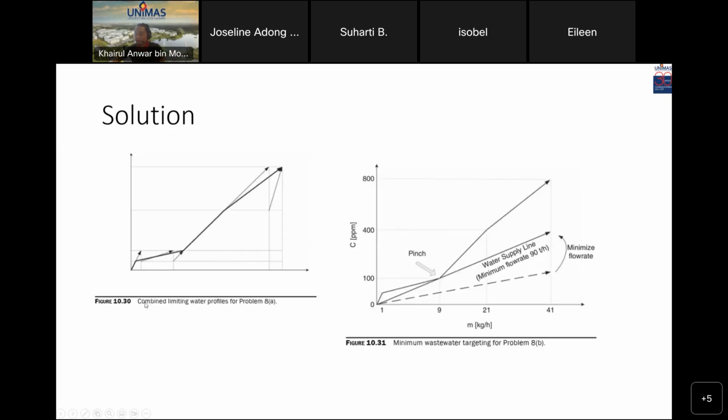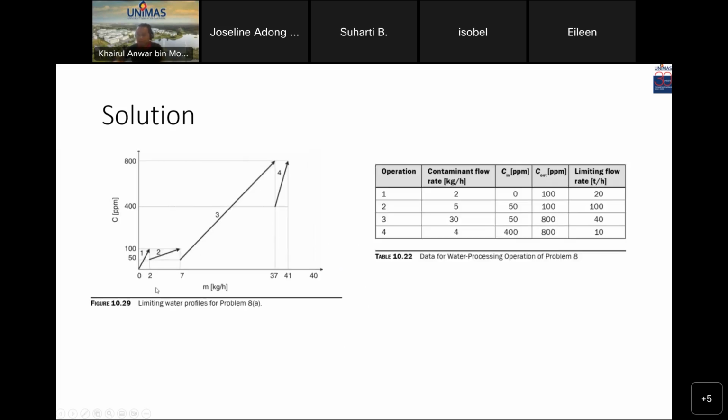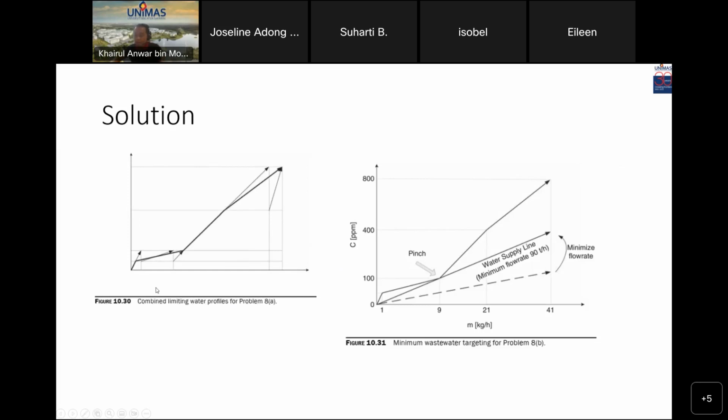After that, you need to combine the limiting water profile for problem 8a. So the dotted arrow here represents the actual limiting water profile. But for the combination, we follow the C in and C out.